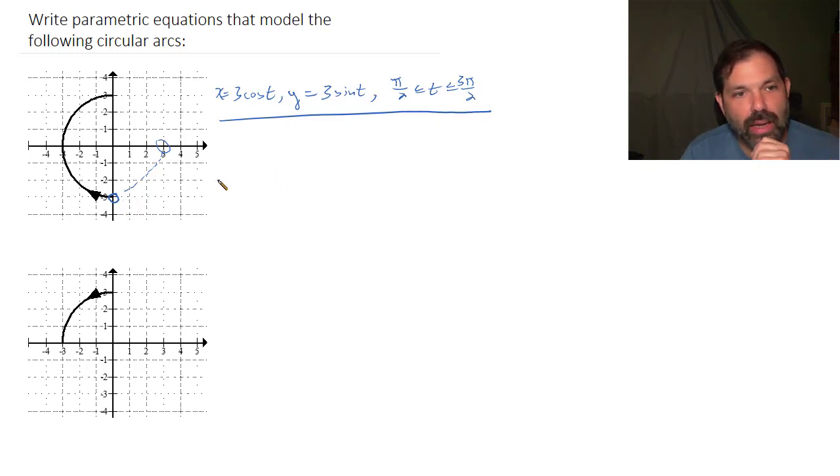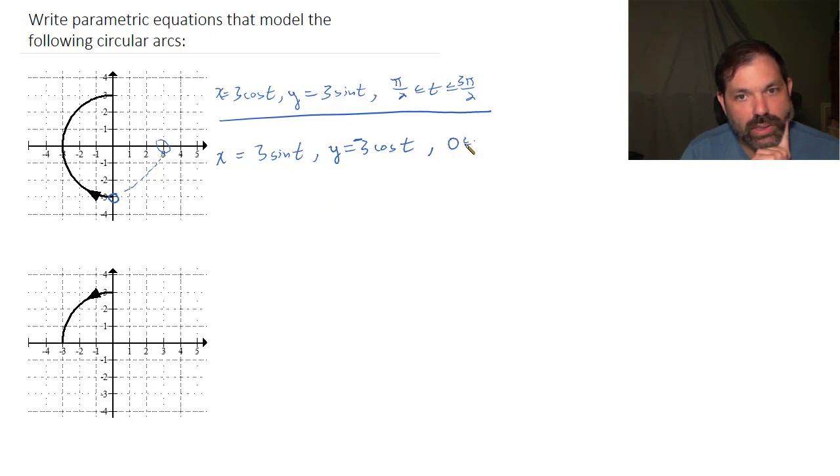So let's make that happen. If we wanted (0, -3), I could say x equals 3 sine t, and y equals 3 cosine t. Now if t was 0, that would give me (0, 3). I need (0, -3), so how about -3 cosine t?